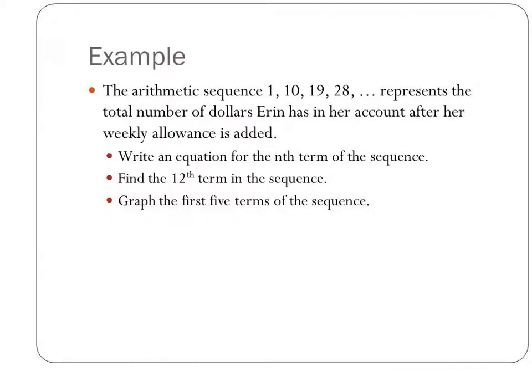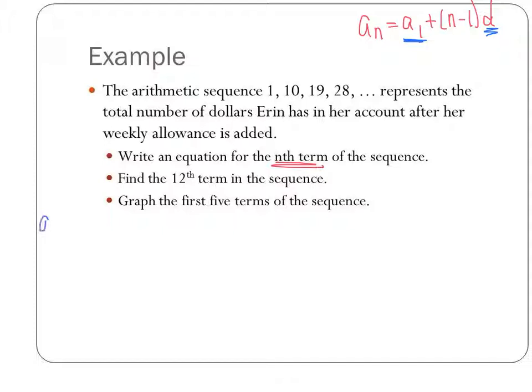So if this is our arithmetic sequence and it represents total number of dollars Erin has in her account after her weekly allowance, we want to write an equation for the nth term. Okay? So my equation is a sub n equals a sub 1 plus n minus 1 times d. And so we need to fill in a sub 1 and d, not n, because n is going to be n, and then we need to simplify.